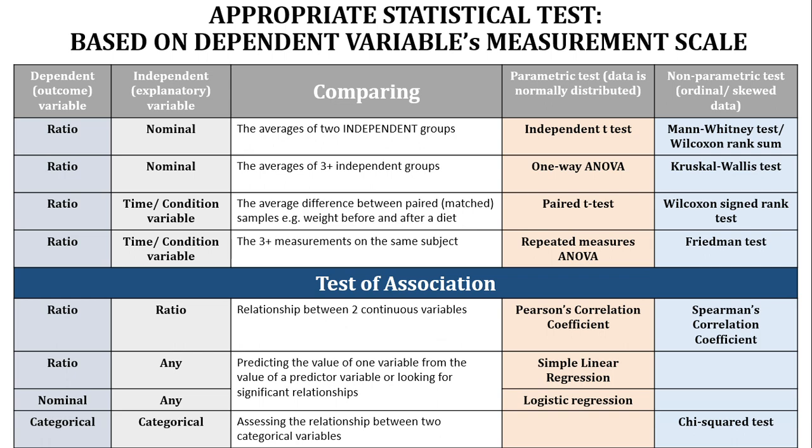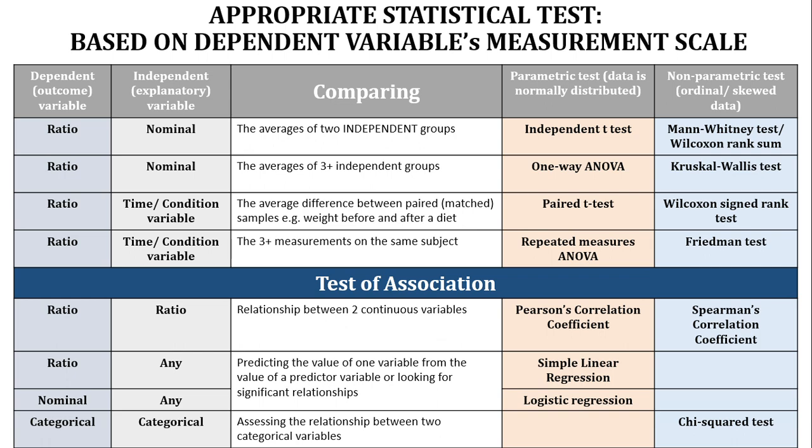This is the clear differentiation between simple linear regression and logistic regression. In simple linear regression, the dependent variable is in ratio scale and the others are any form of measurement scale variable. But in logistic regression, your dependent variable is nominal, but the independent variables are in any scale.